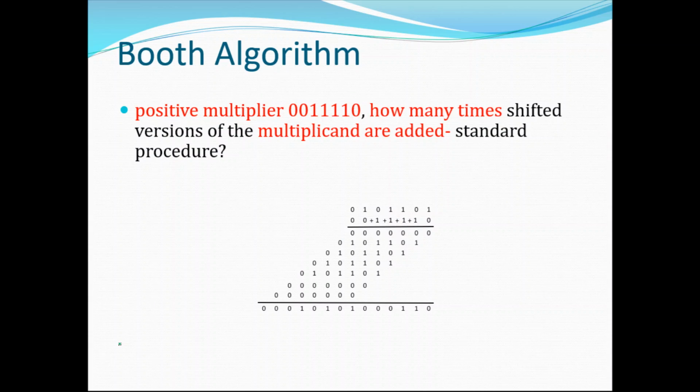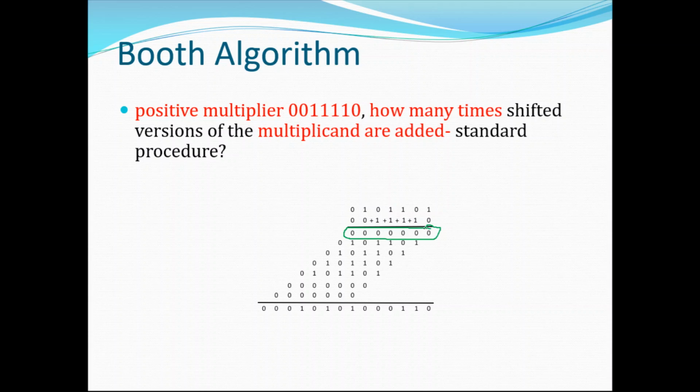Here, if you see, how many additions are going on? Wherever there are zeros you can ignore, because there is no addition there. It won't change the result. Whatever the previous partial product was, that will be carried on. So whenever there is a zero, we are not going to add.